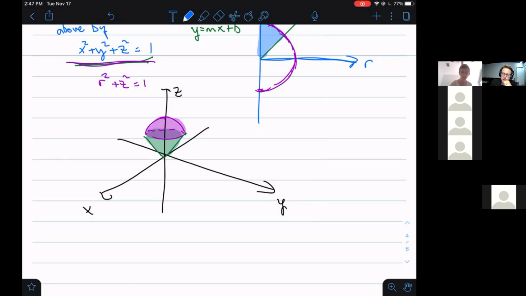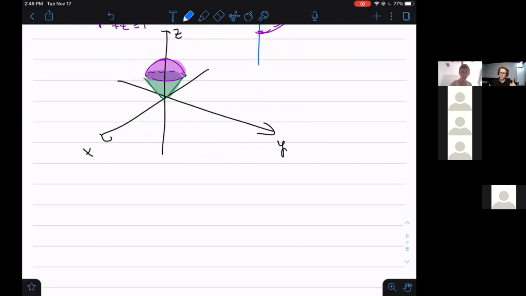Aiden asks, how can you tell when to have a function in the integral rather than just 1 times the Jacobian when using cylindrical or spherical? Well, it would have to specify a function to you, right? If it wants you to calculate a volume, then the volume is always 1 dV.